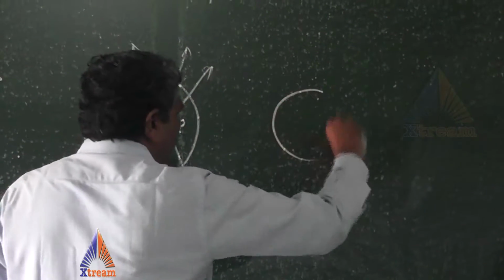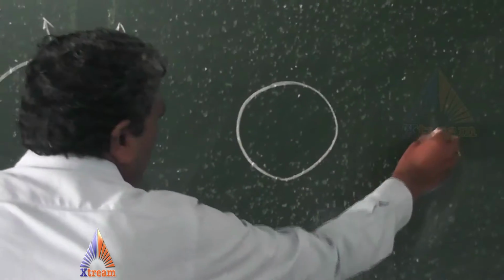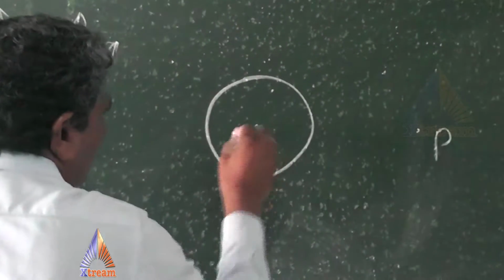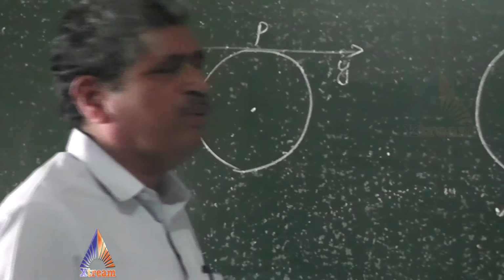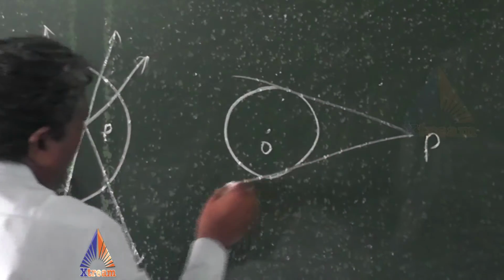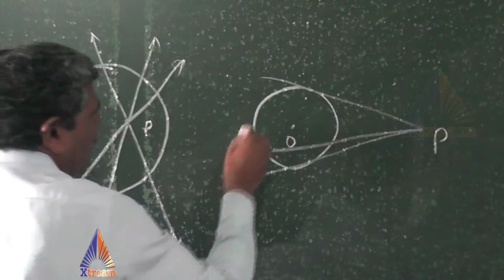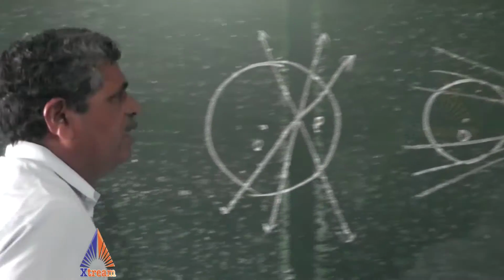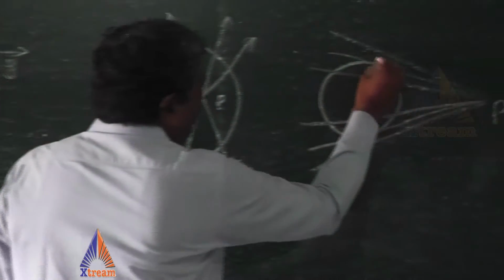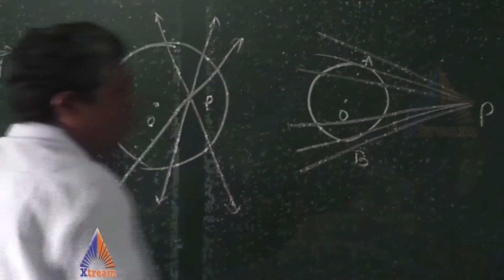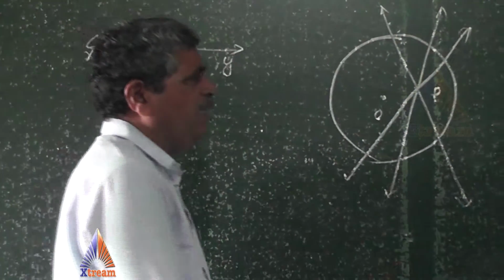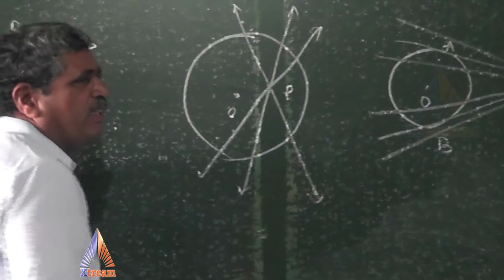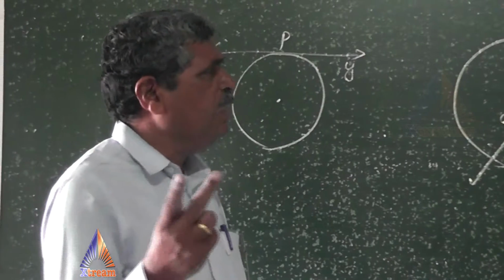In the third position, the point must be outside the circle. P is the point outside. How many tangents can be drawn? Observe this. Many lines can be drawn, but only at the points A and B do we get tangents, so we consider only two tangents.